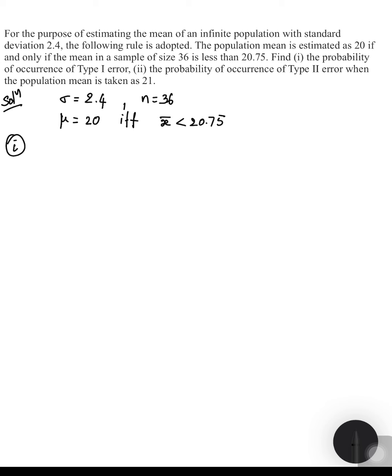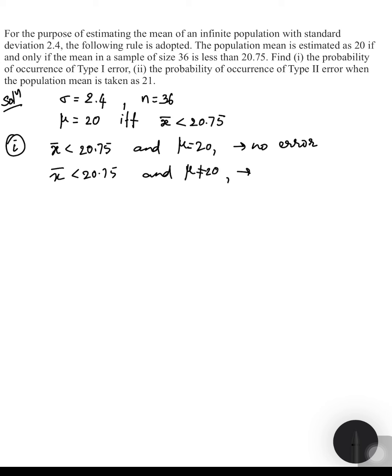They are asking for the probability of occurrence of type 1 error. If x bar is less than 20.75 and mu is equal to 20, then there is no error, right? And if x bar is less than 20.75 and mu is not equal to 20, then we say that there is a type 1 error, right?